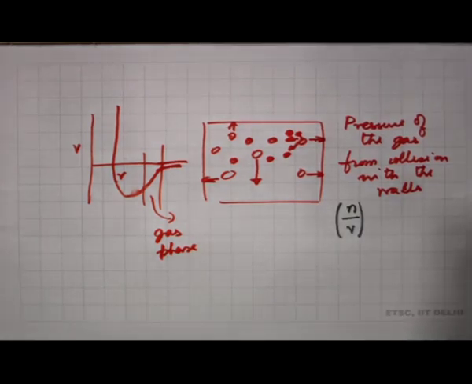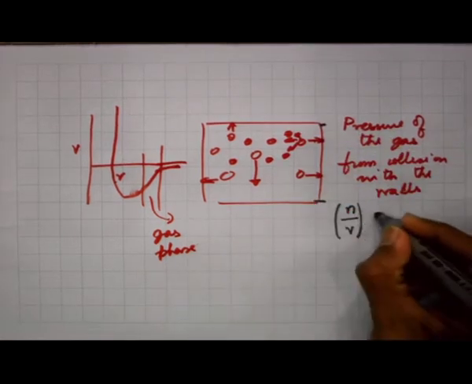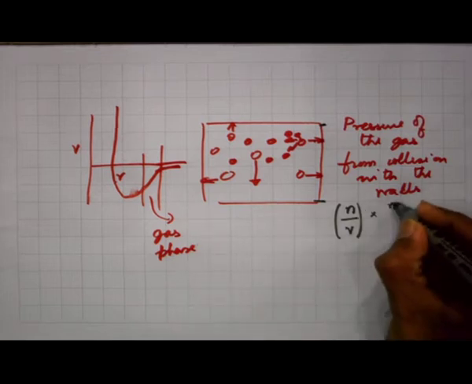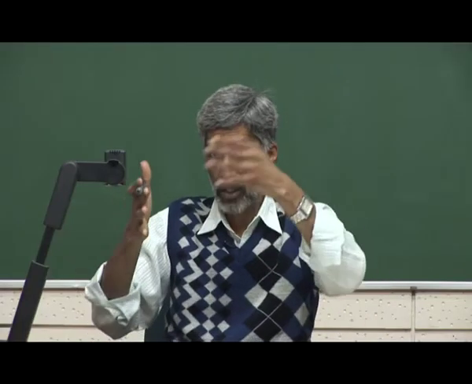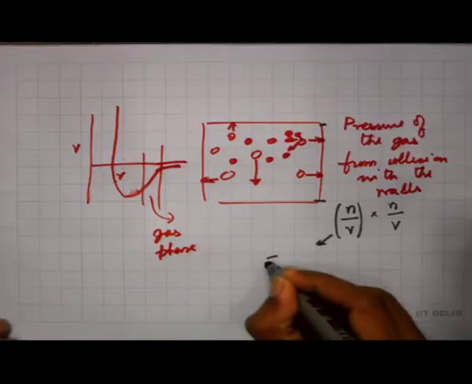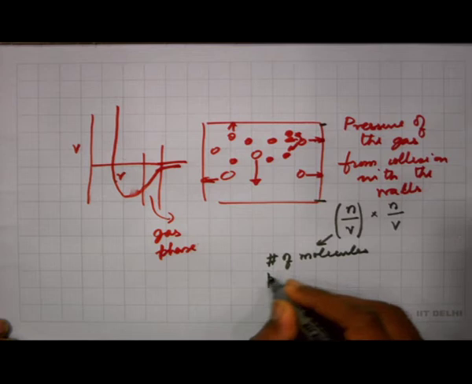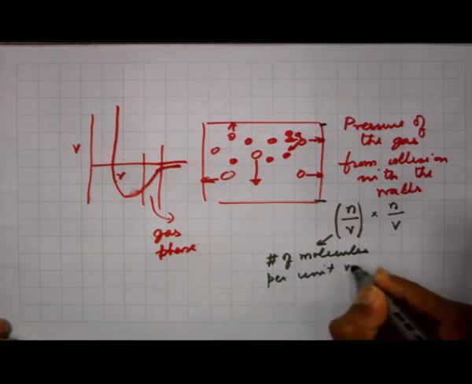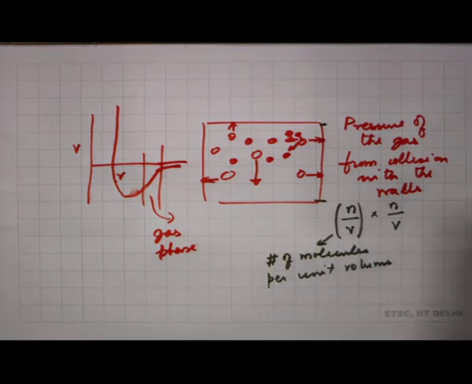The number of collisions that the gas molecules have with the wall is also proportional to the density, right. If I have more molecules in the gas phase, then there is more likelihood of collisions with the walls. So, both these factors, the number of molecules per unit volume, lead to attraction as well as the number of collisions that we have with the wall, right.